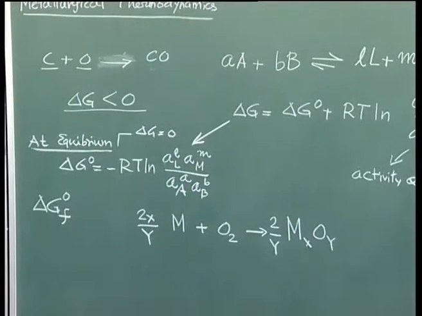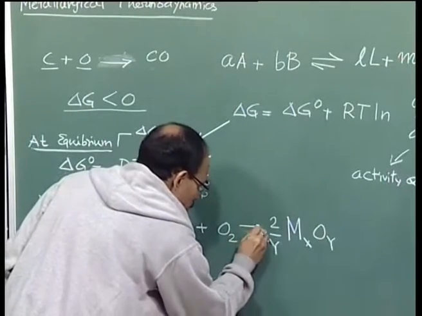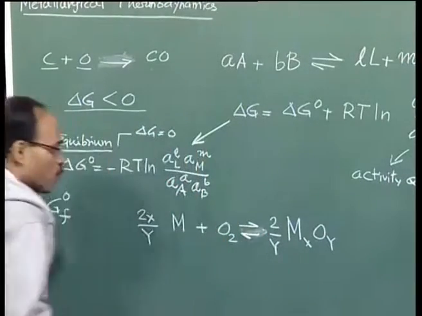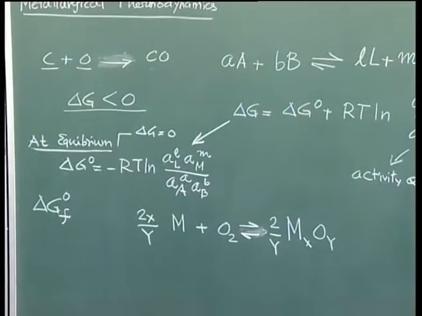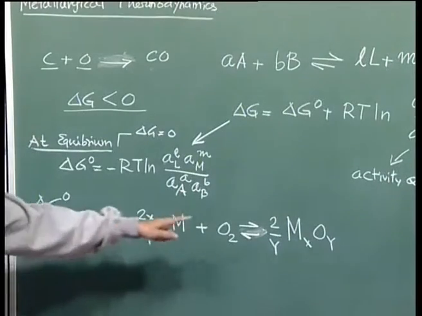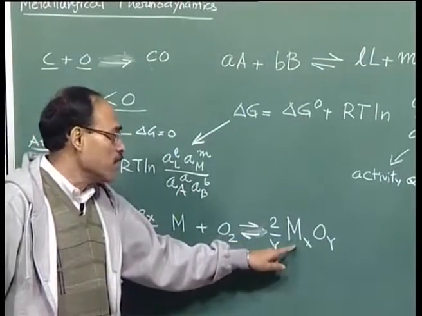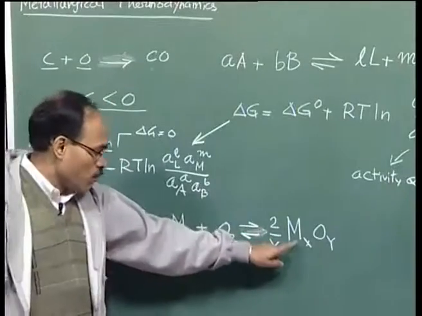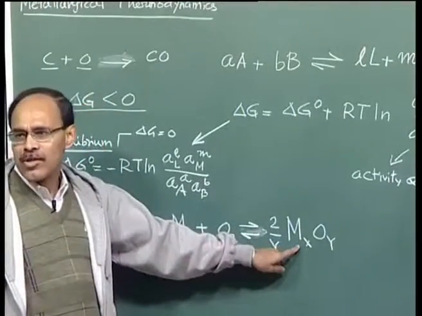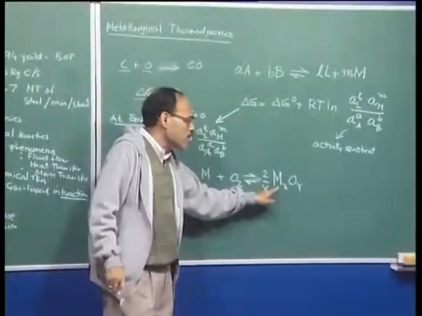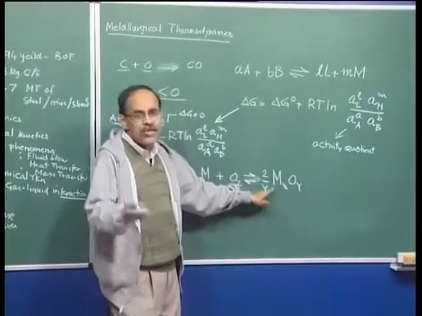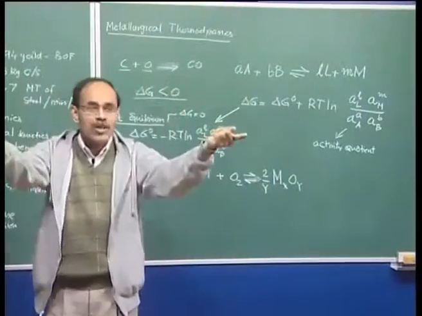So this is a stoichiometrically balanced equation, as you can see here. Let us denote it in the equilibrium condition. Now, what is the free energy of formation of this particular oxide? What is the relevance of this? Because I may use these oxides in other calculations also.